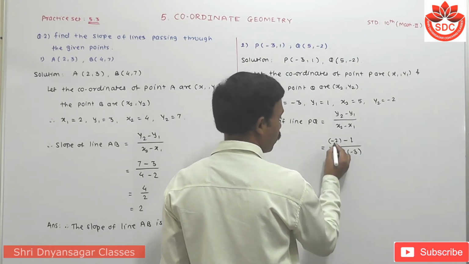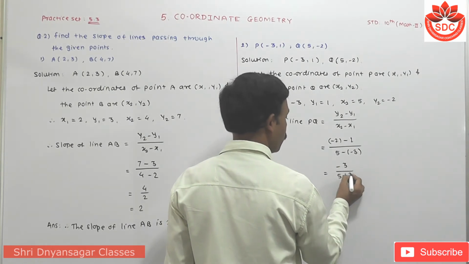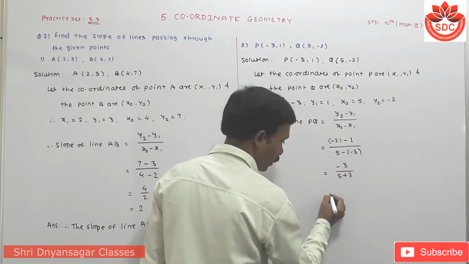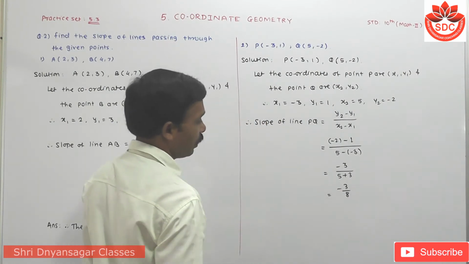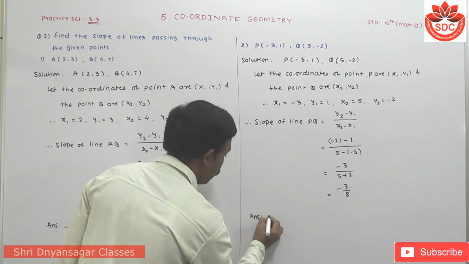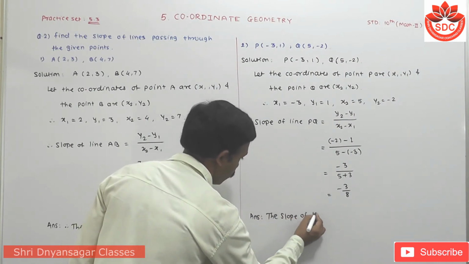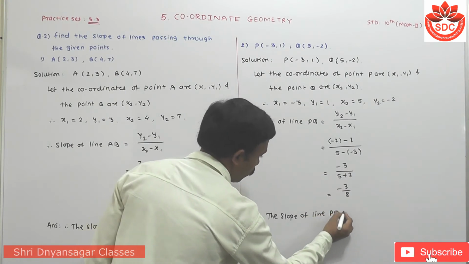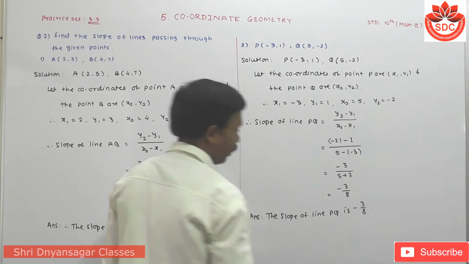Then, student, minus 2 minus 1 becomes minus 3 upon 5 plus 3. Minus minus becomes plus, so minus 3 upon 8. We cannot simplify it. This is our slope. Therefore, the answer in a full sentence: the slope of line PQ is minus 3 upon 8.